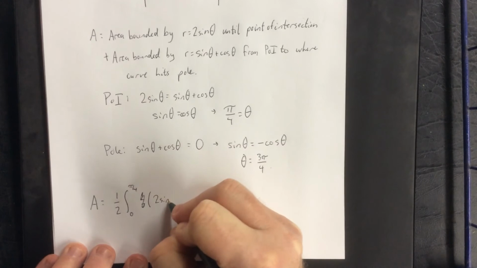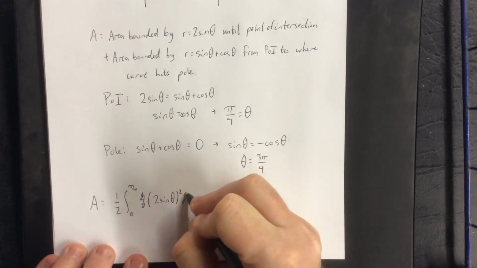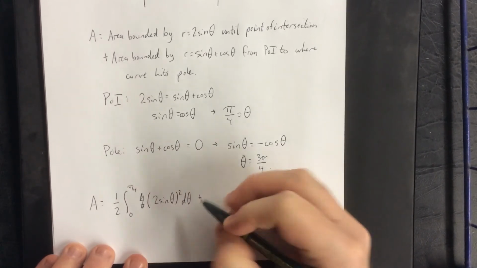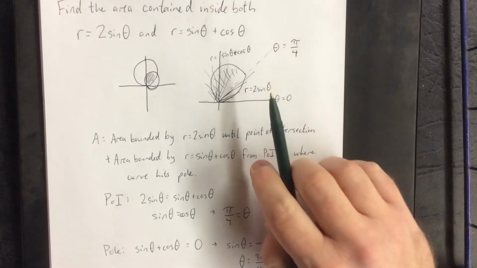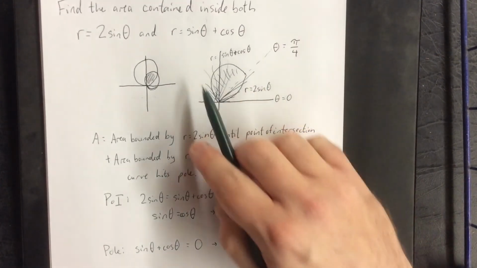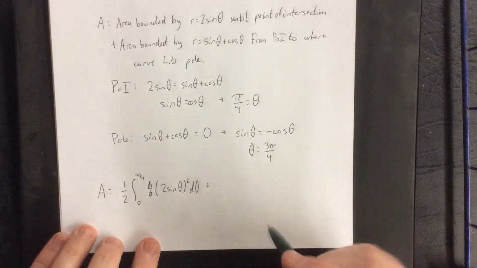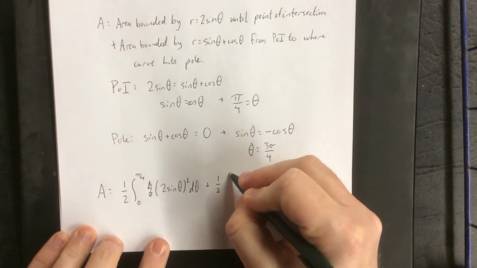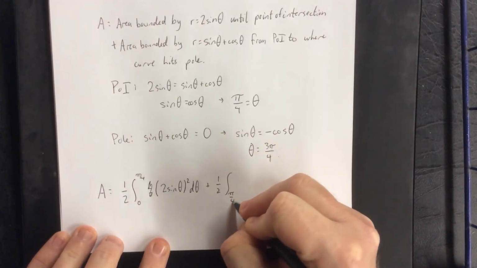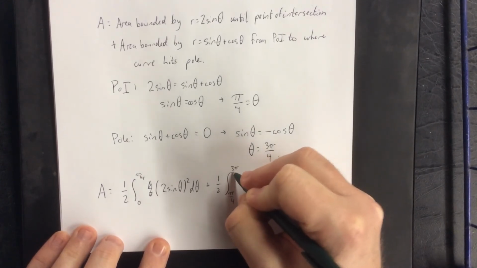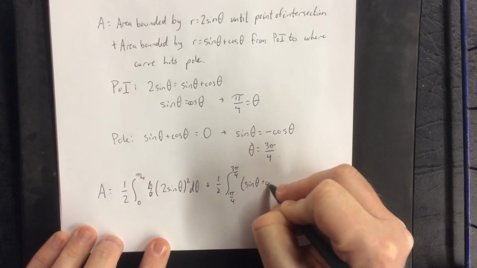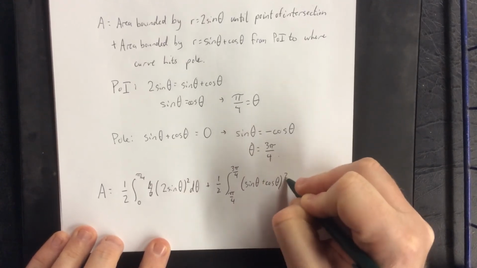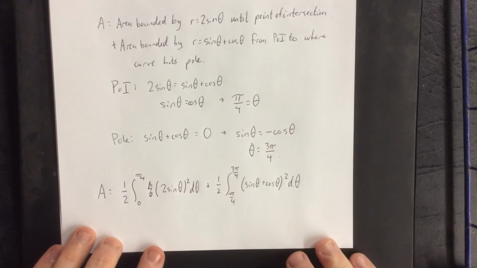So 2 times the sine of theta, quantity squared, d theta, plus the integral from the angle pi over 4 to the angle where it hits the pole again, 3 pi over 4, of the sine of theta plus the cosine of theta, quantity squared, d theta.